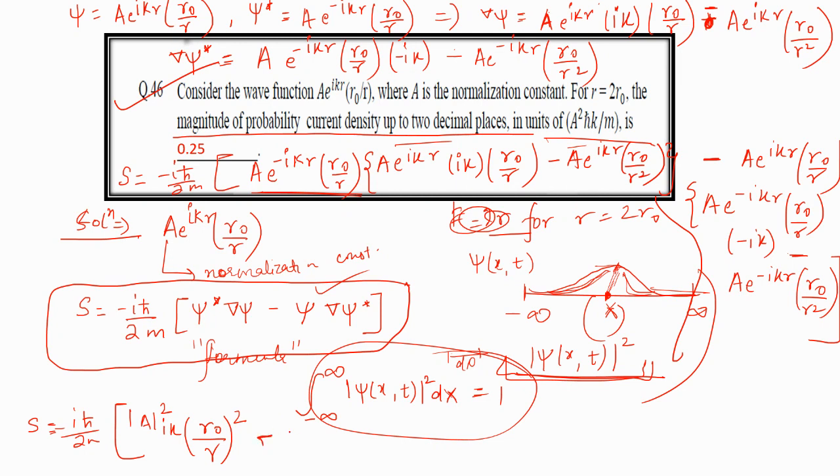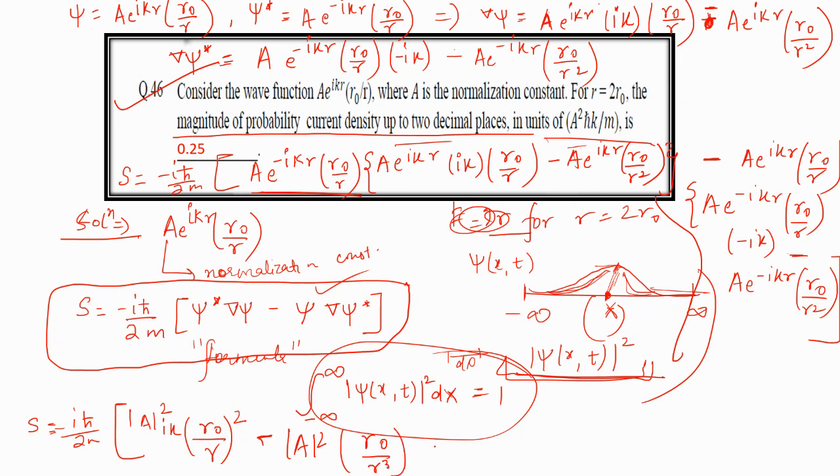The other term will be A square r naught by r. Do it with me, and if any calculation mistake is there, tell me. This will multiply and cancel each other, r naught by r cube.